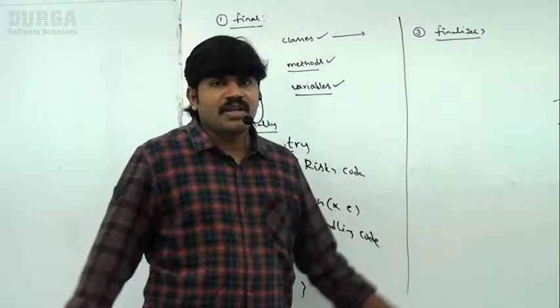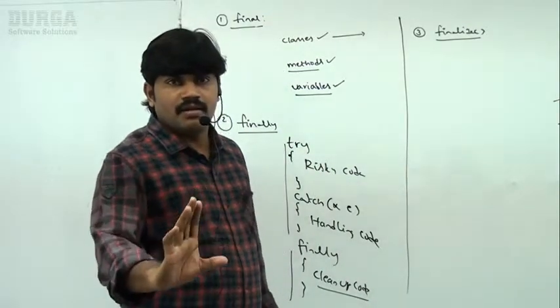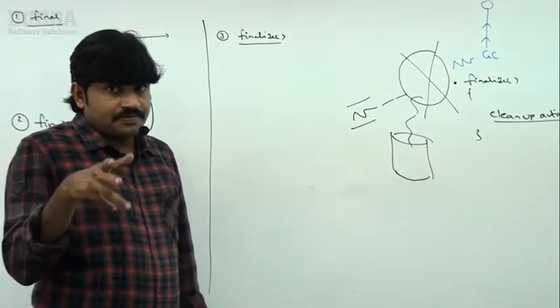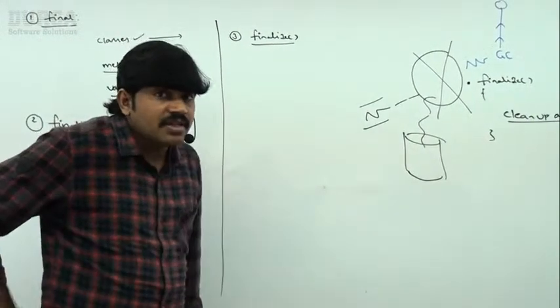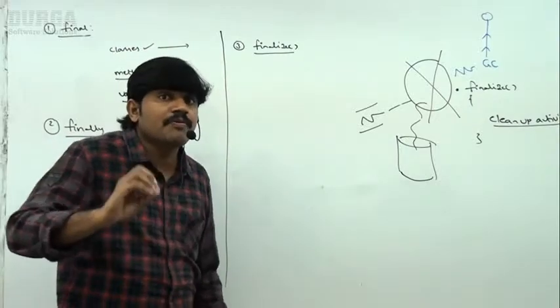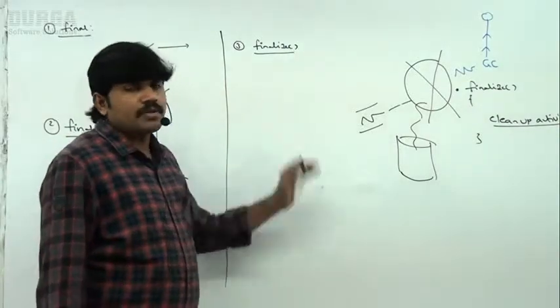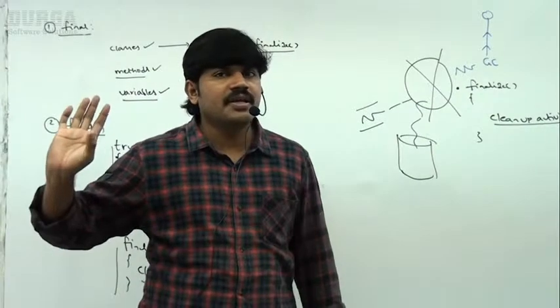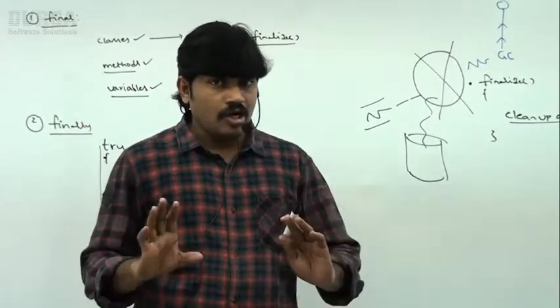In any case, my finally block will be executed always. That's all. What about finalize? Finalize is a method. It is always called by the garbage collector just before destroying an object to perform cleanup activities. Once the finalize method is completed, automatically the garbage collector will destroy the object.